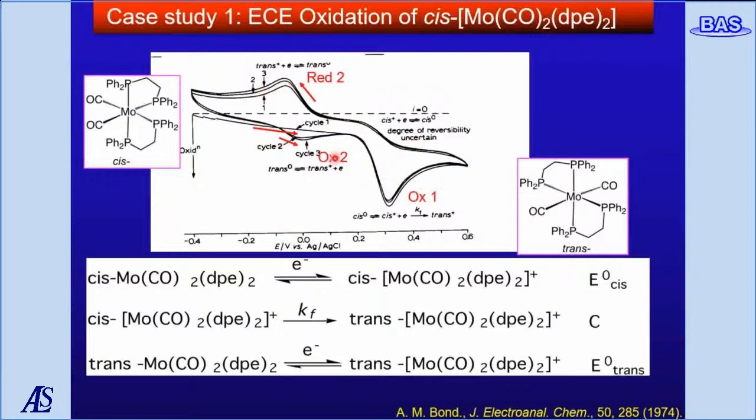The new peak comes from the redox couple of the trans-molybdenum complex, which was clarified by another experiment. Therefore, the electrochemical oxidation of the cis-molybdenum complex is accompanied by cis-trans isomerization.